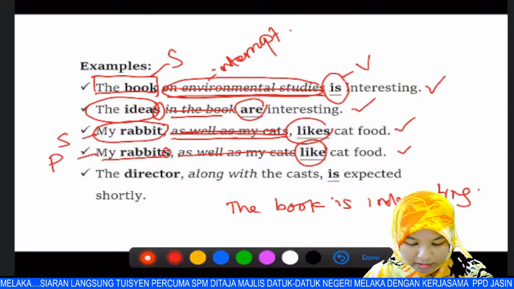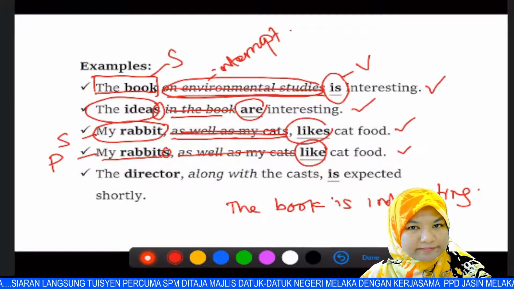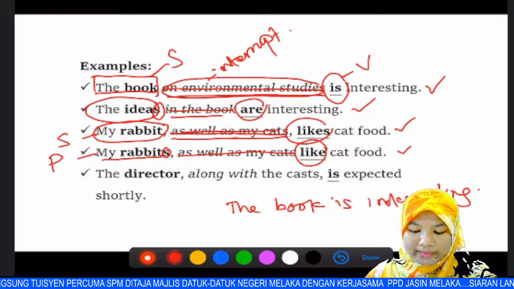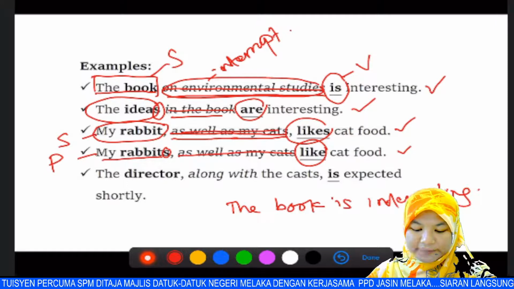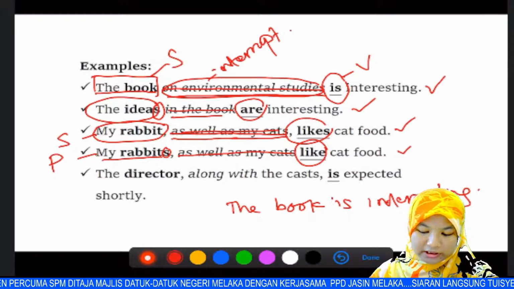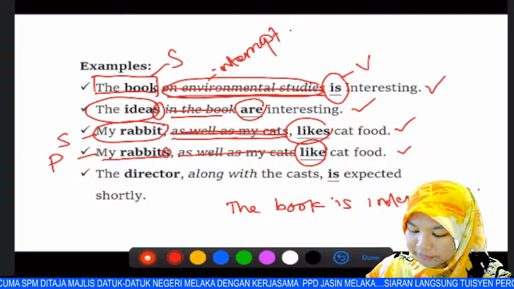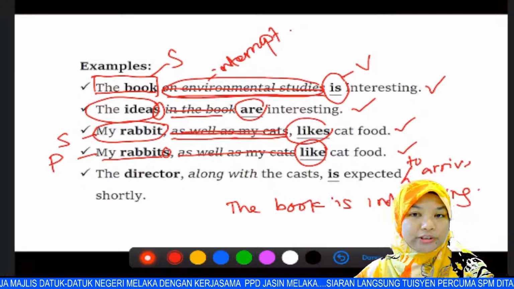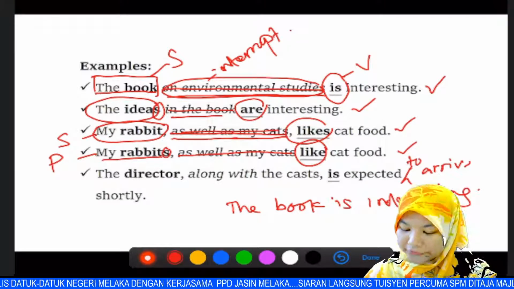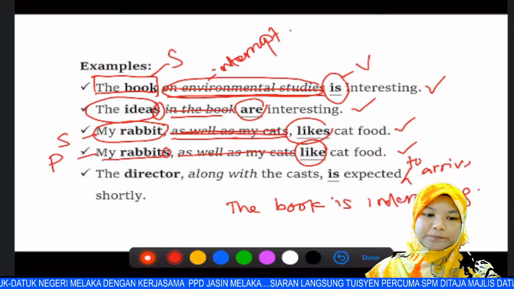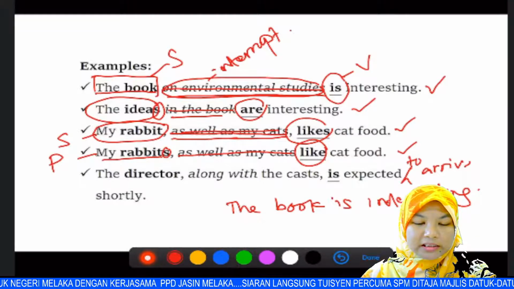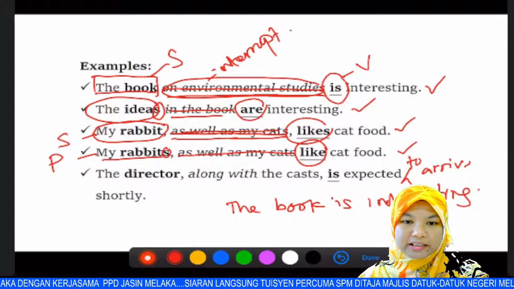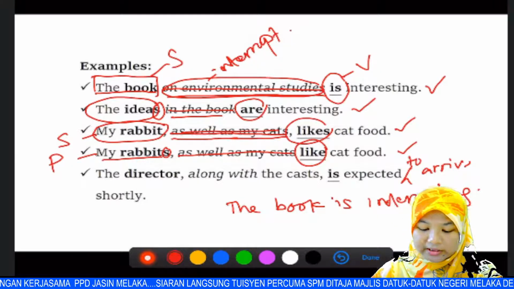Example number 5. The director, along with the cast, is expected to arrive shortly. I missed two words earlier.